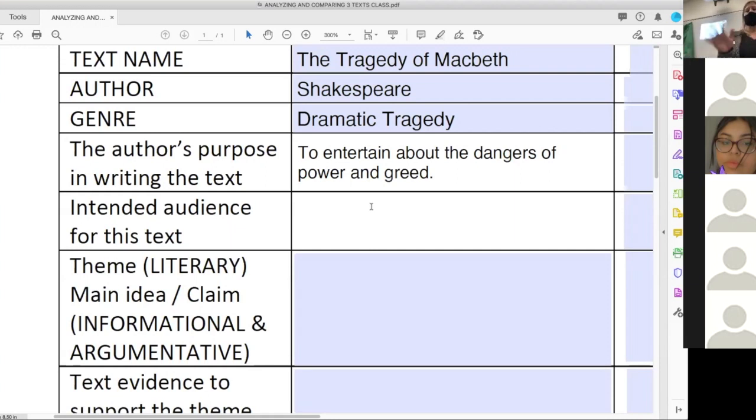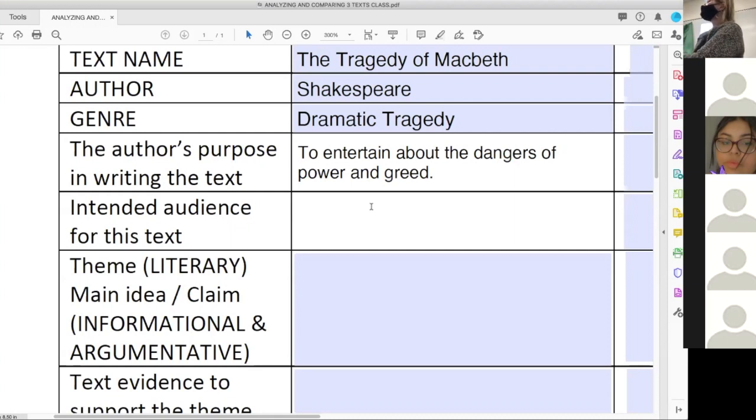Someone who likes just romance novels is not going to pick up my mystery. That's not my reader. So in the same way, the stuff we read, whether it's informational or persuasive, it's all written for someone, okay? So who would Shakespeare's intended audience maybe be if he was trying to entertain about the dangers of power and greed?